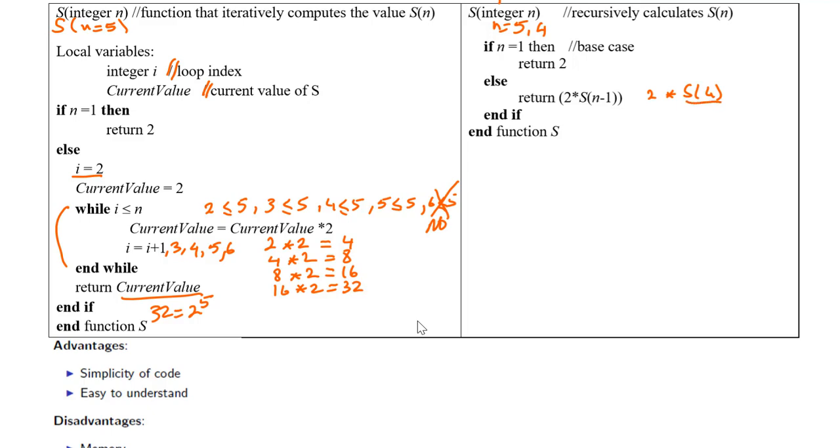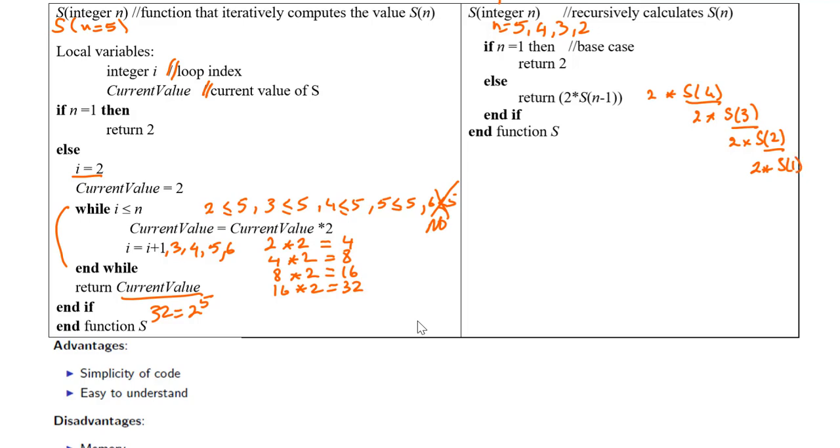Call the function where n is 4, and n is not 1, n is 4, then you return 2 times s3. Now you have 3, you call the function, n is not 1, so you go to the else and you return 2 times s2. So calling the function now with the input of 2, n is not 1, so n is 2, else you're gonna return 2 times s1.